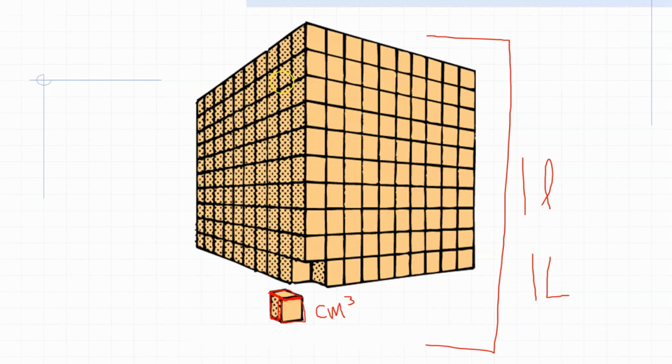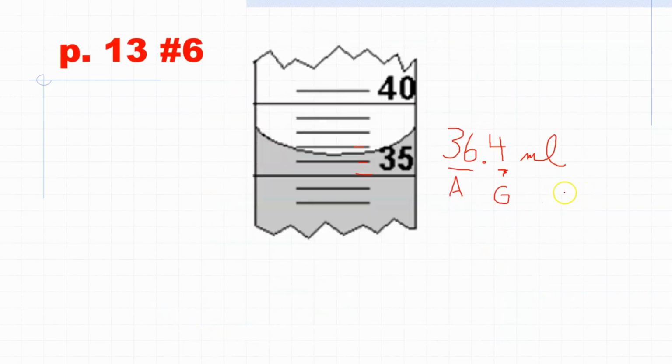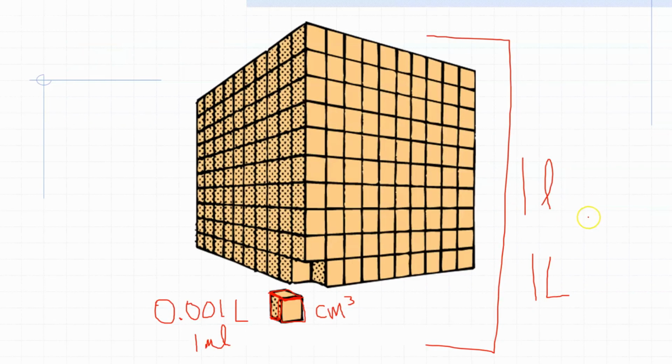1 liter. The SI prefixes work just as well with volume as they do with length. So if this is, say, 1/1000th of a liter, we would also call that 1 milliliter, just as the previous item here was in units of milliliters.